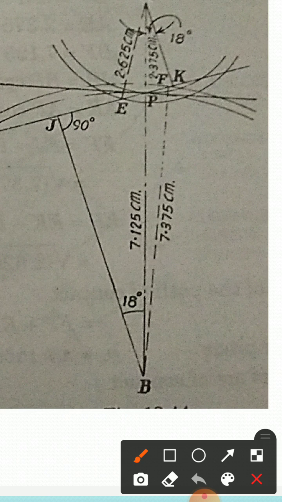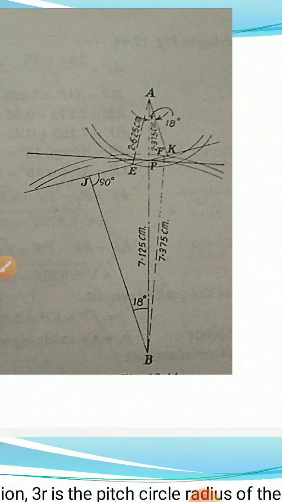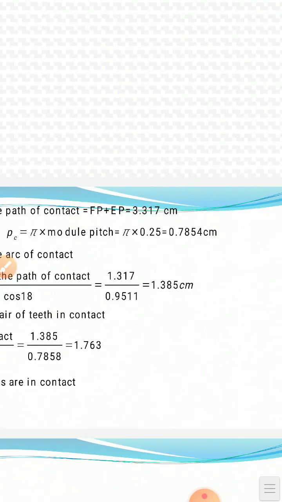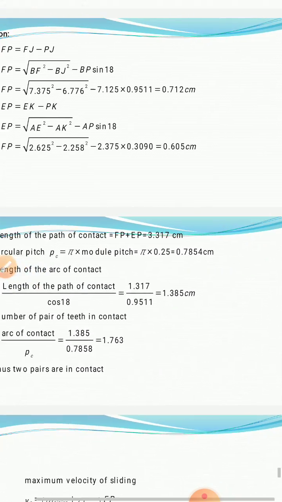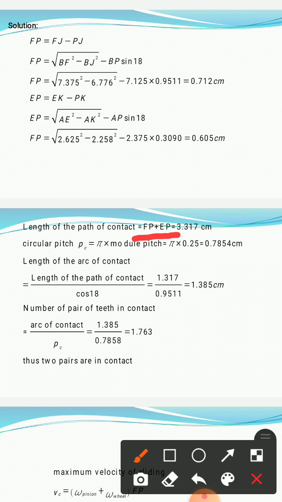This F2E now becomes this length plus this length, that is, the addition of EP and PF, and these lengths we can find out by using trigonometry.